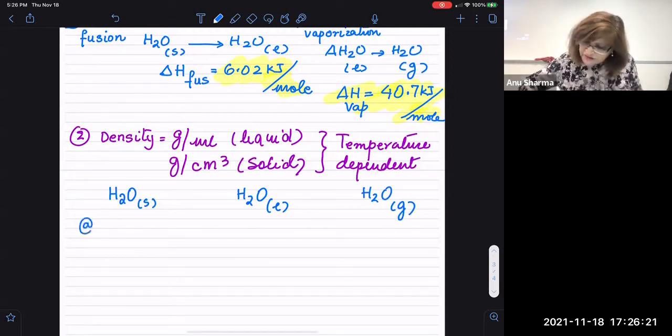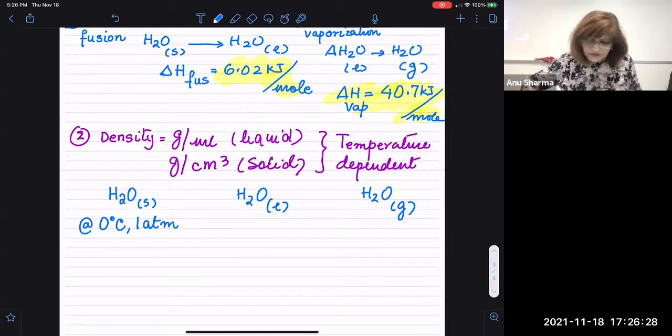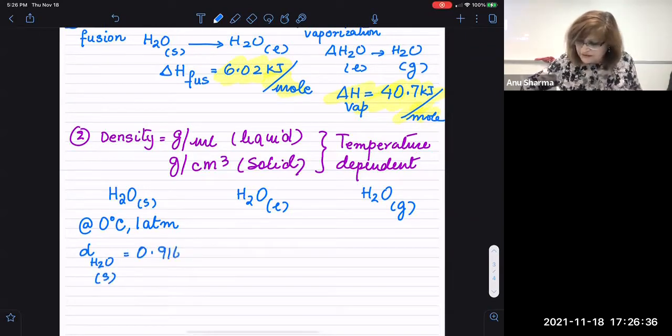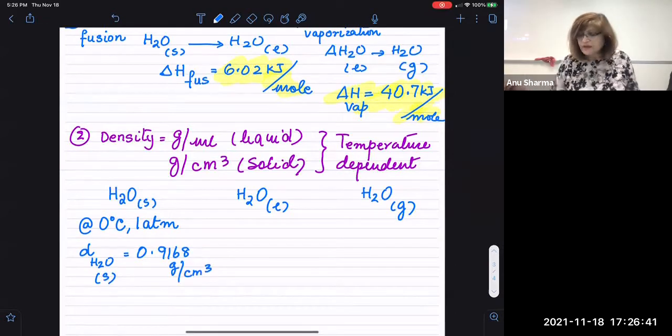At 0 degrees Celsius and 1 atm, our standard conditions, the density of water in the solid state is equal to 0.9168 grams per centimeter cubed.